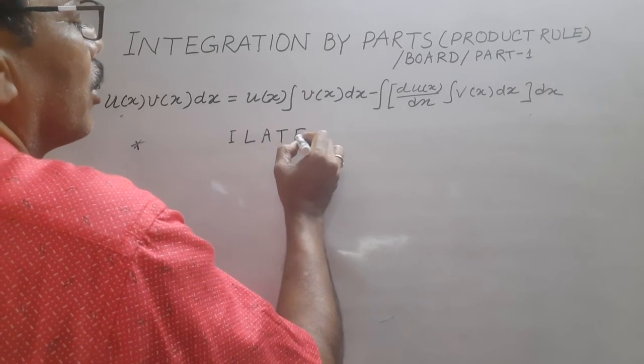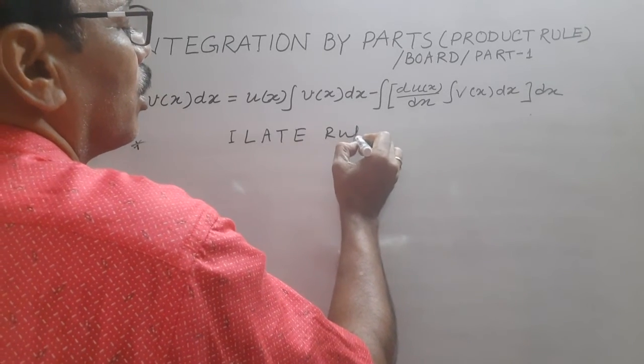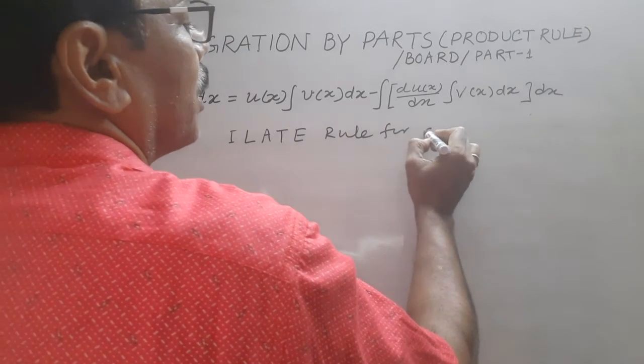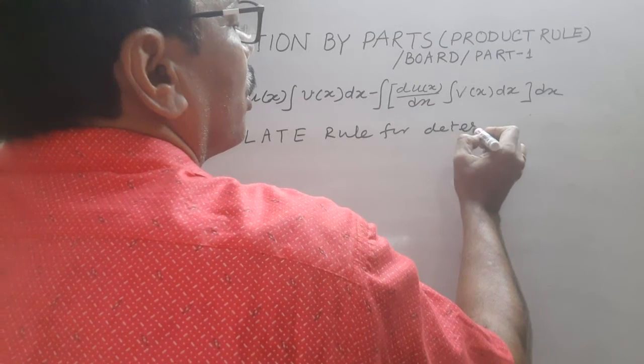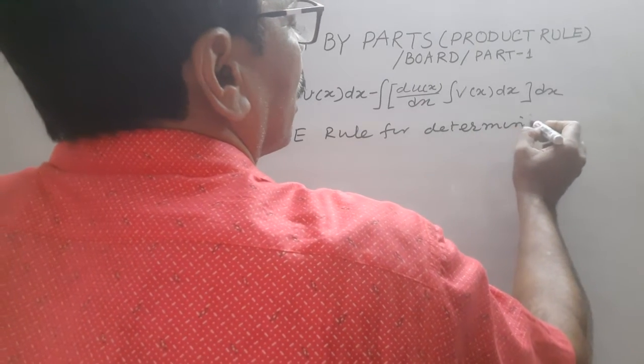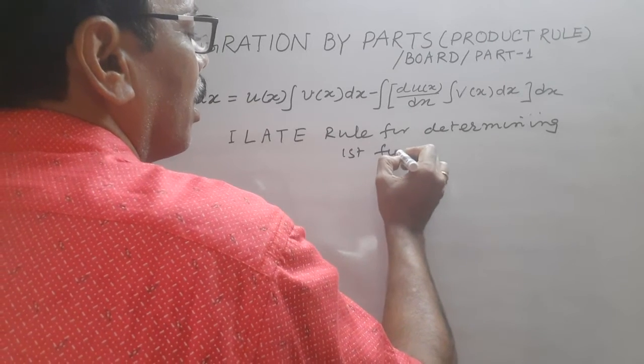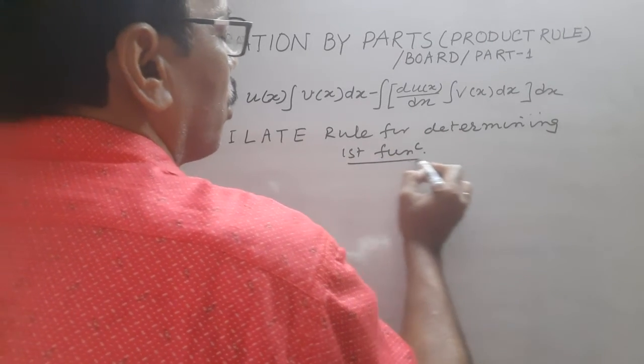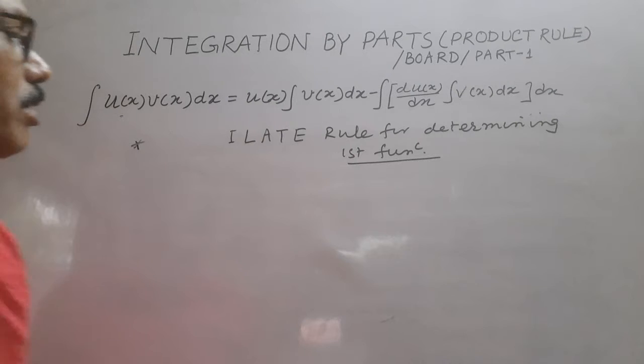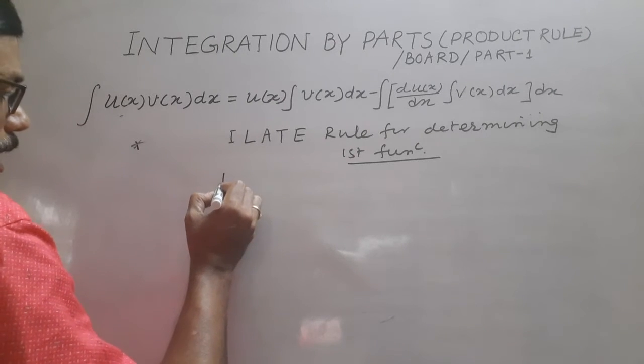Eilert rule for determining first function. What is I?